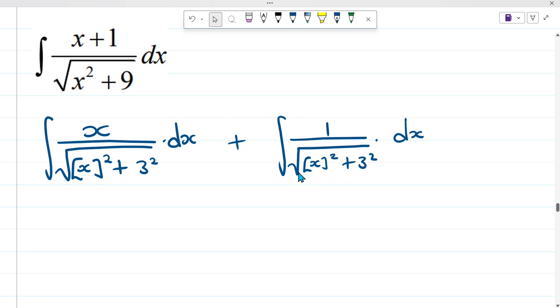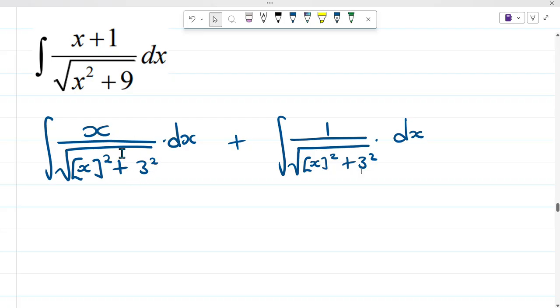Okay, so when we check this format of having square root of x squared plus a squared, it fits to be that one of hyperbolic sine inverse. So that means it fits to be one of the inverses. Already we have the derivative of whatever is squared there, so we don't have to worry about it.